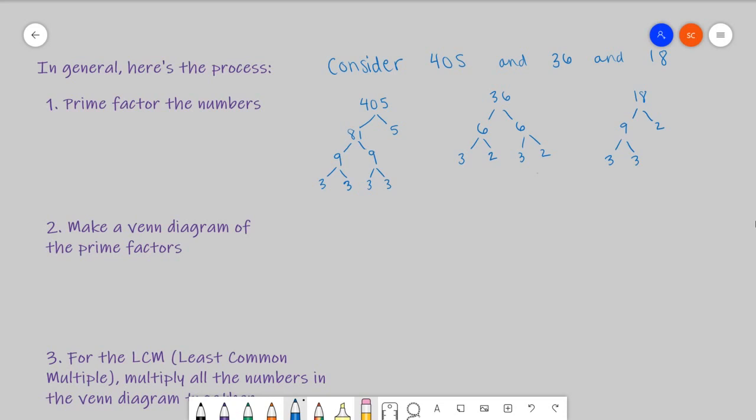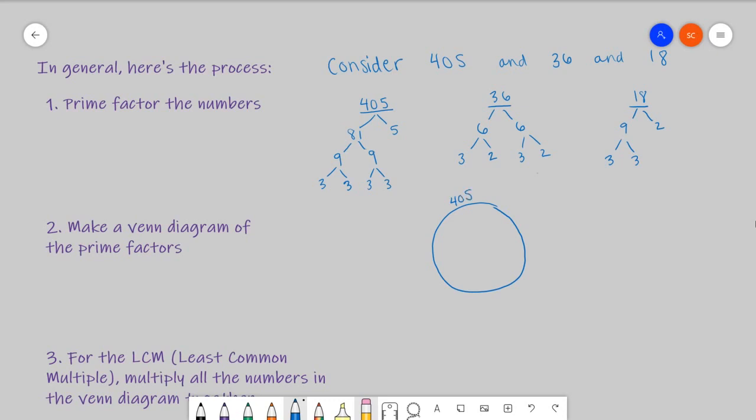So I'm going to take these 3 numbers, 405, 36, and 18, and I'm going to make a Venn diagram of the factors that belong to those numbers. I'm going to have a circle here that represents all the prime factors of 405.